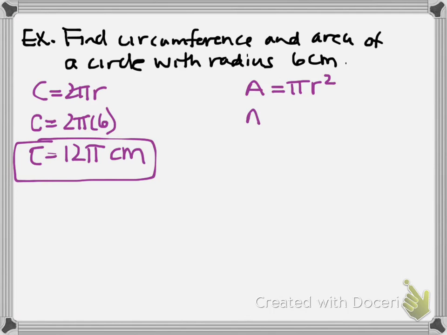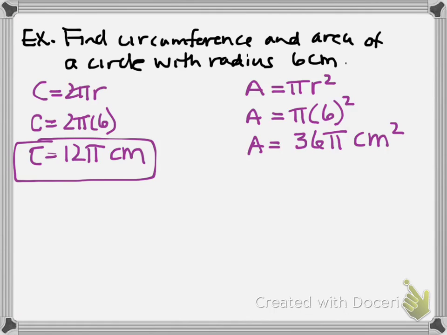For area, it's going to be pi times 6 centimeters squared. So that gives me 36 pi square centimeters. And remember, I write it as centimeters squared, but I read it as squared centimeters. Okay, and if they're asking me for an answer and they don't tell me to approximate, I write the exact answer and leave it in terms of pi.